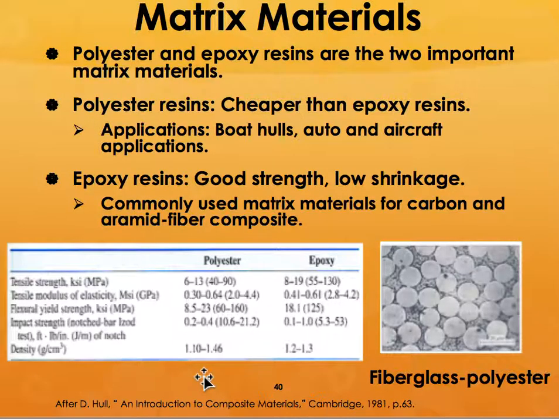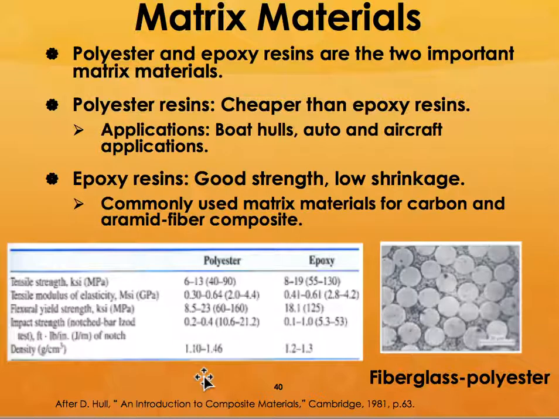What are the types of matrix materials that are used in the composites industry? The most common one, because they are the cheapest one, is polyester, and the next one is epoxy resins. They are two of the most important matrix materials.